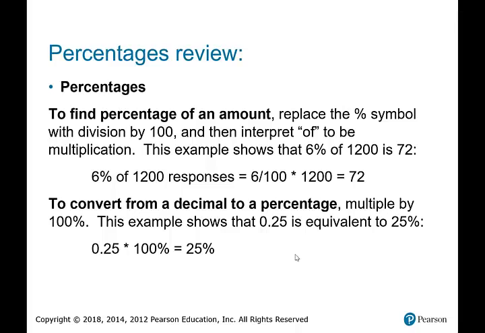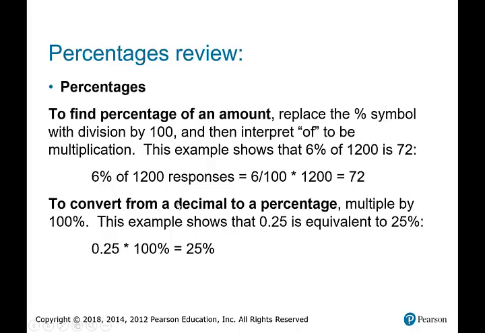So this example shows 6% of 1200 is 72. 6% of 1200 responses: 6 over 100 is the 6 per 100, "of" means times 1200, the total number of the sample size, and then 6% of 1200 would be 72. Let's say that it was in favor of whatever you were looking for.